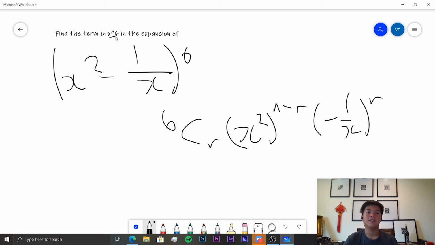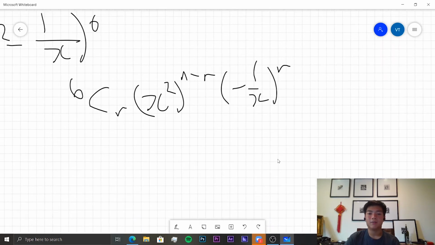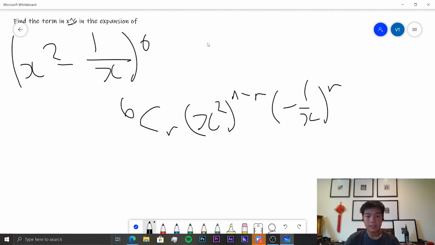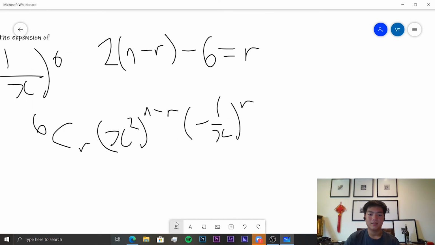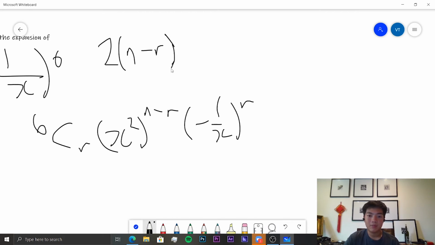And since we need to find the term x to the power of 6, how do we do that? So in this case, 2 times n minus r, since 2 is the power, and this would be the resultant power of x, minus r, because remember, when we have 1 over x, it's equal to x to the negative 1.